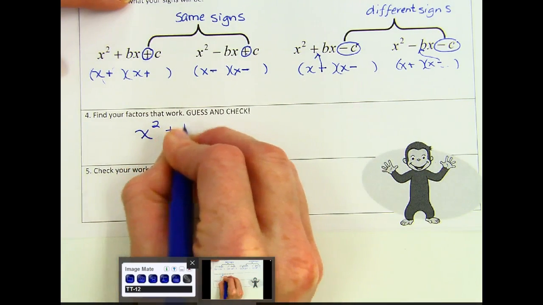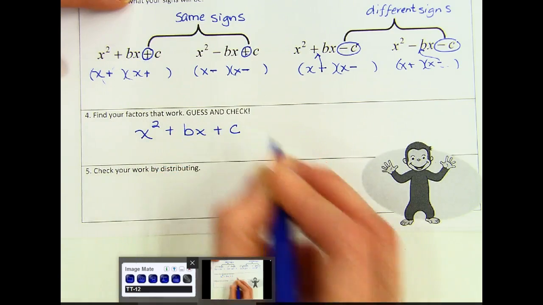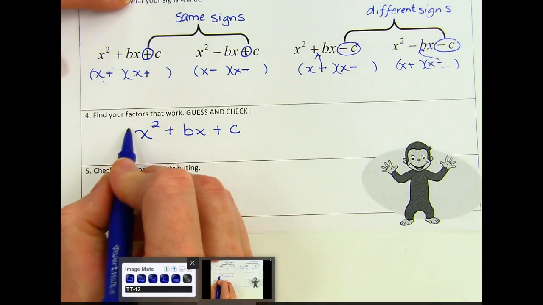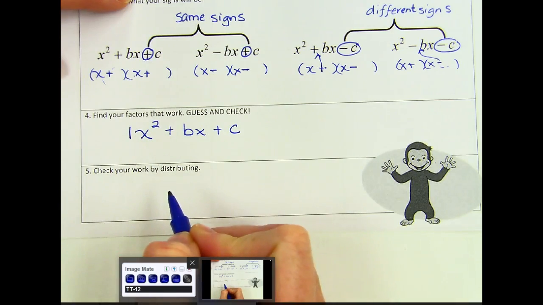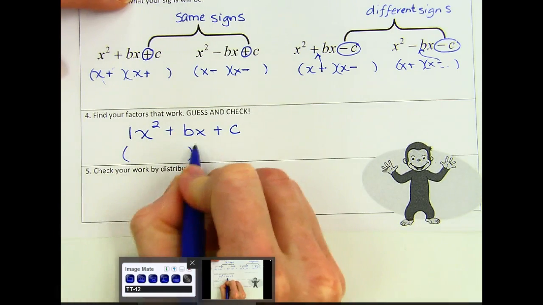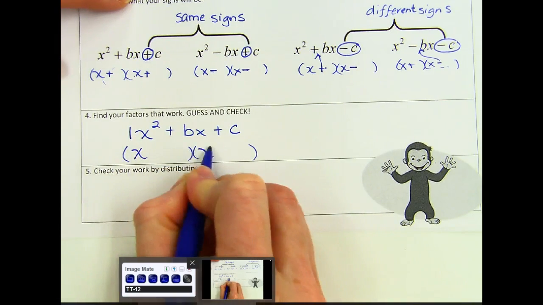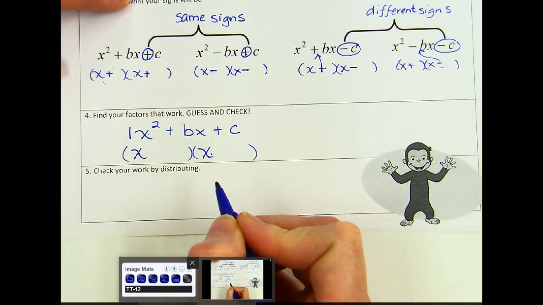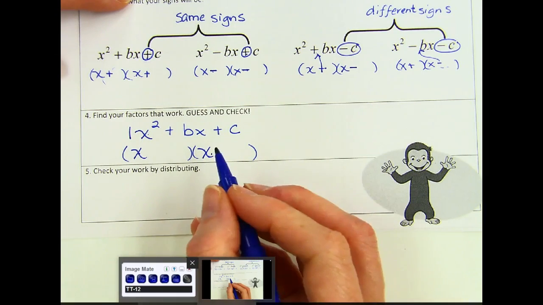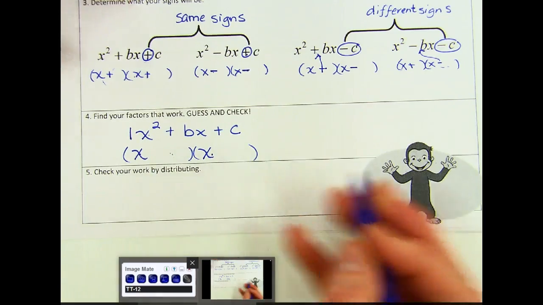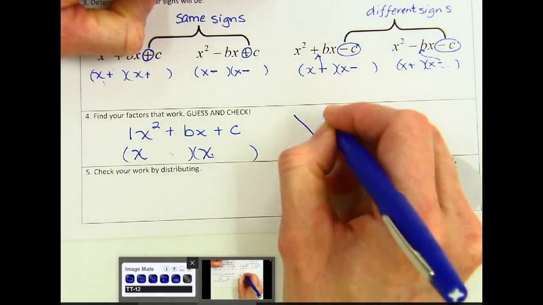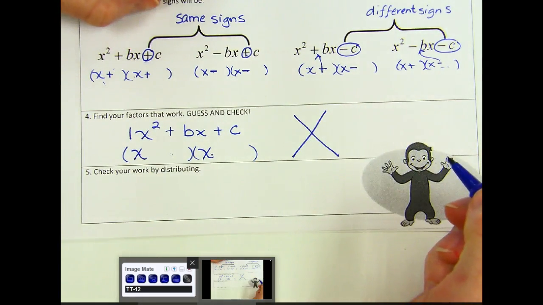So here is what you're going to have today. You are going to have a trinomial with a 1 right here. So that automatically means that you're going to have an x times an x to get you that there. Now the question is, what's going to go here and here? Well, it's easy. It's your X's and O's.